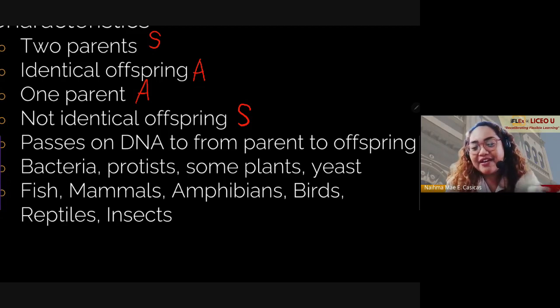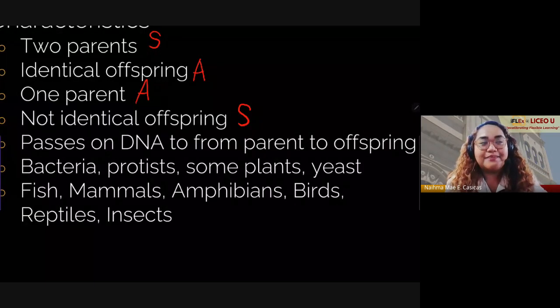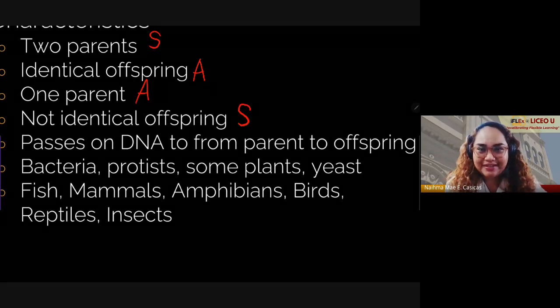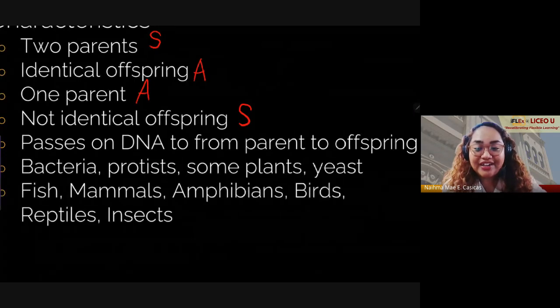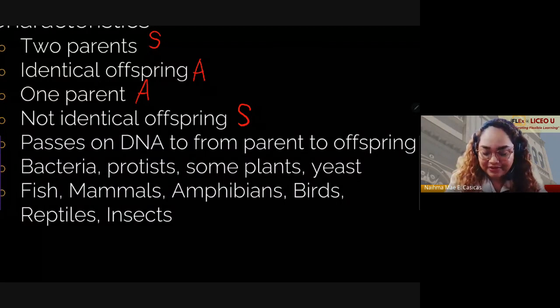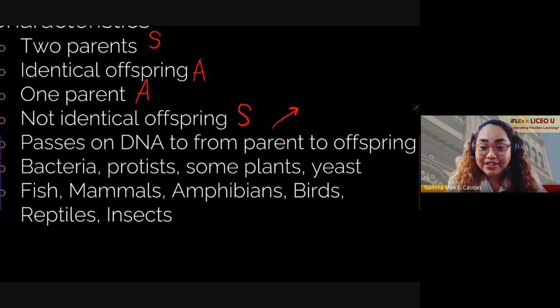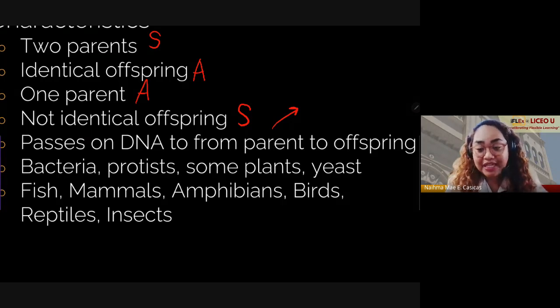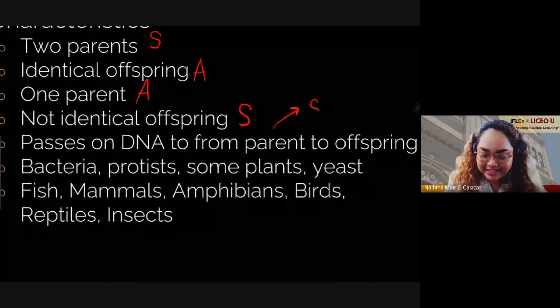Okay, that's correct. It should be both. Reproduction needs DNA from the parent, whether it will only have one parent or two parents. So this is sexual and asexual.